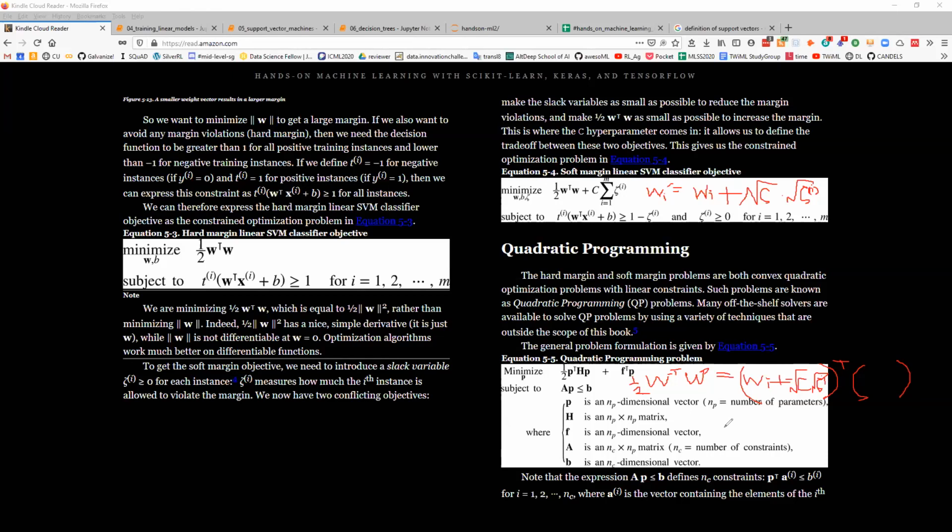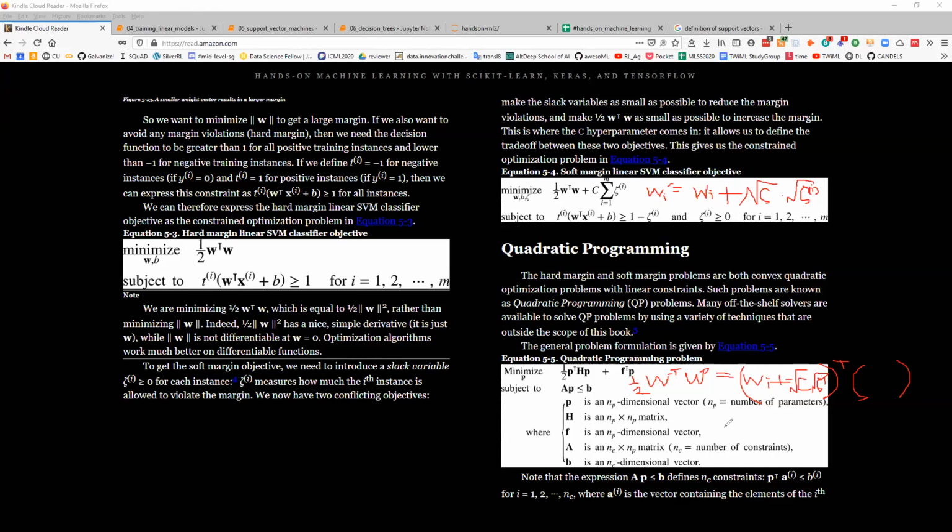The quadratic programming parameters for the soft margin problem have m additional parameters, so n_p equals n plus 1 plus m, and m additional constraints, and C equals 2m. They can be defined like so.